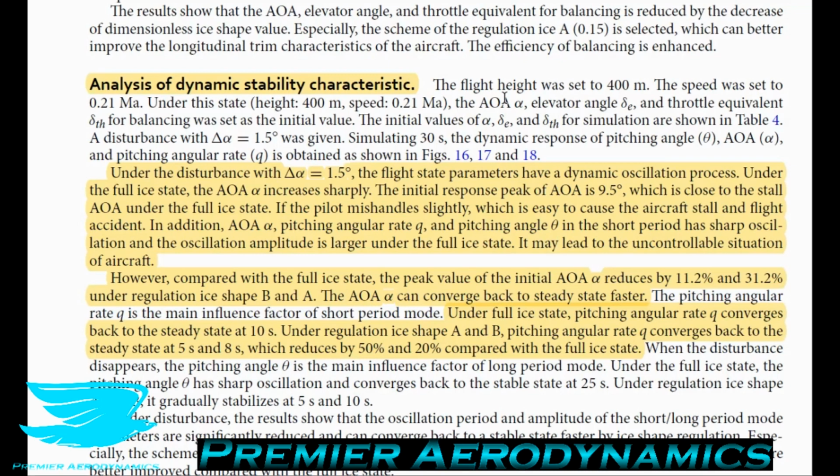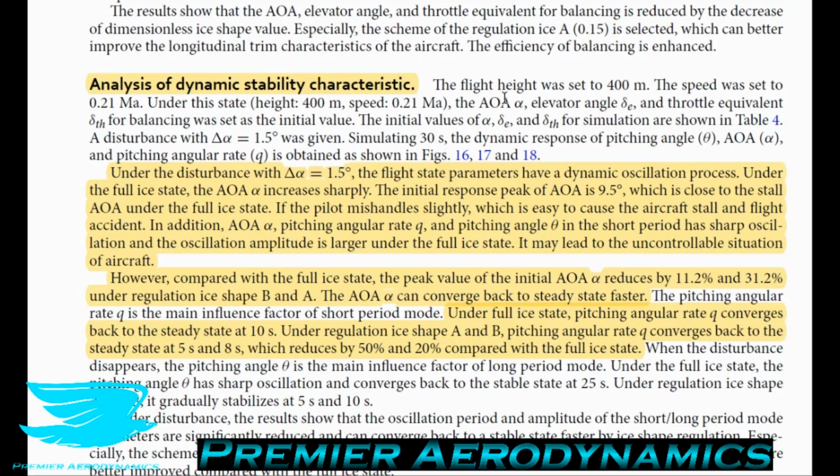What's more, that's well shy of the angle of attack required for stall for this ice shape. For ice shape B, the angle of attack will increase to about 9 degrees or 8.5 degrees, which again is not great, but it's not nearly close enough to the stall angle of attack for this configuration to be an issue in that sense. The angles of attack then converge back to steady state faster, which is important.